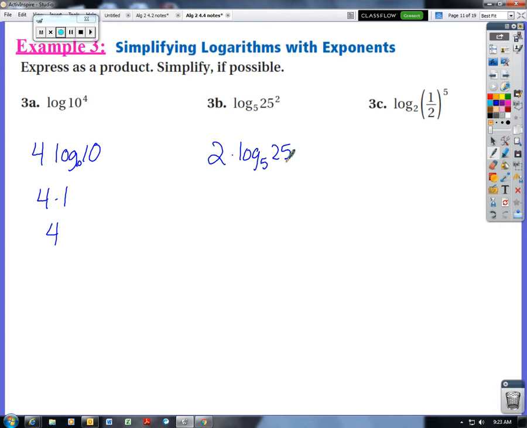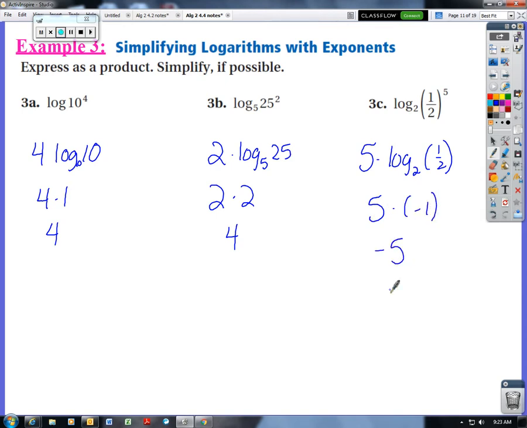And that's 2. So we've got 2 times 2, which is 4 again. Okay, we'll pull that 5 out front. 2 to what power equals a half? Because that's a reciprocal, it's going to have to be a negative 1. So 5 times negative 1, negative 5.